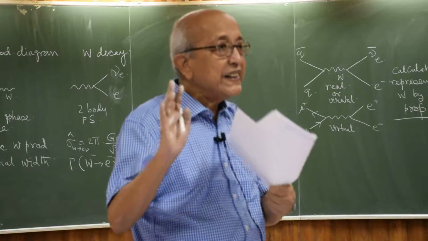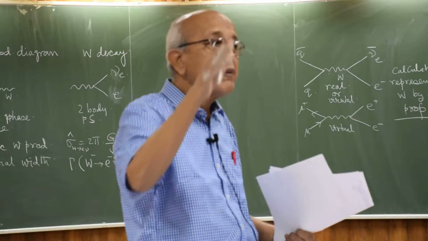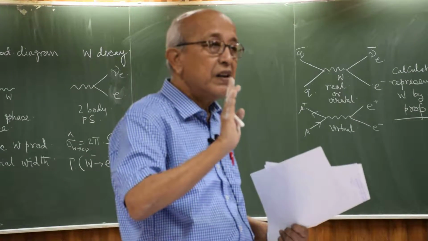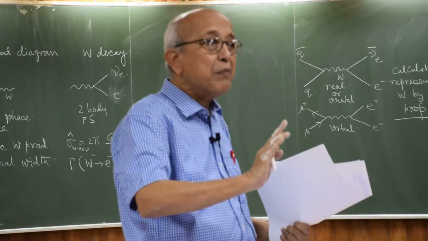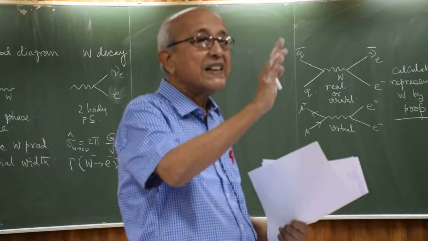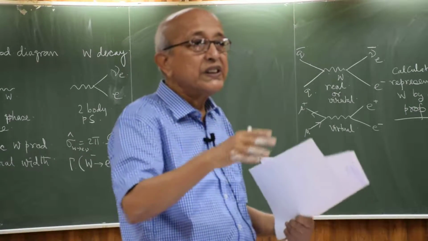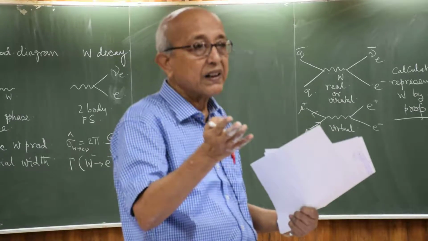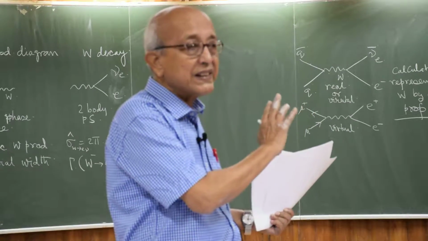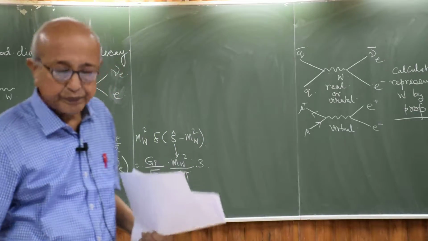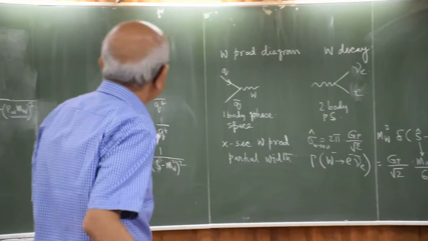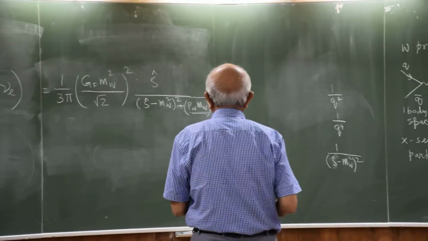Now, we have already seen an example, the invariant mass distribution does not peak at the mass itself, but it has a width, which is the width of the decaying particle. And here something very similar is happening. Let us see. So let us do some elementary quantum mechanics to understand this.